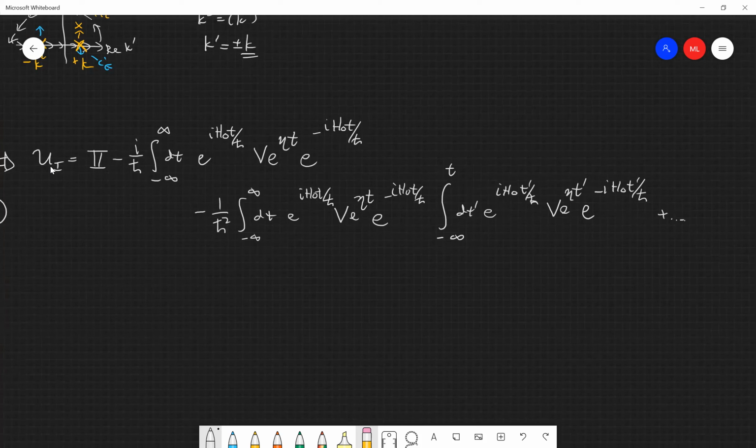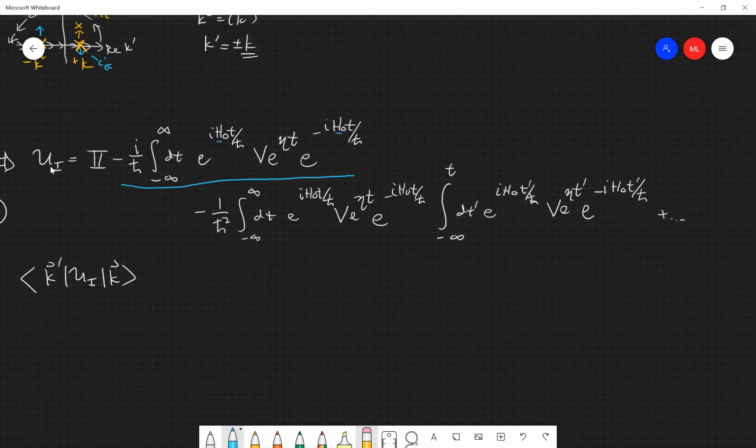So if we look at this guy, then we can start seeing how this is connected to the Born series. So let's look at this first term here in momentum space. And why momentum space? Because these are diagonal in momentum space.